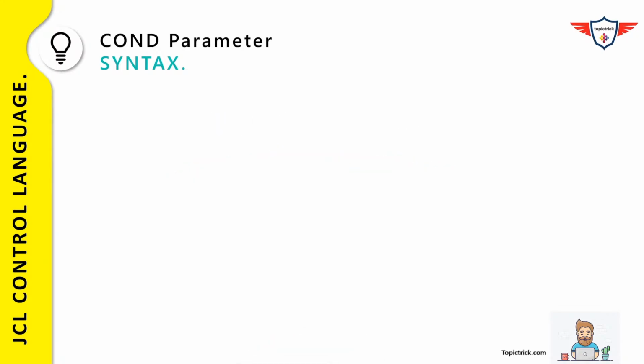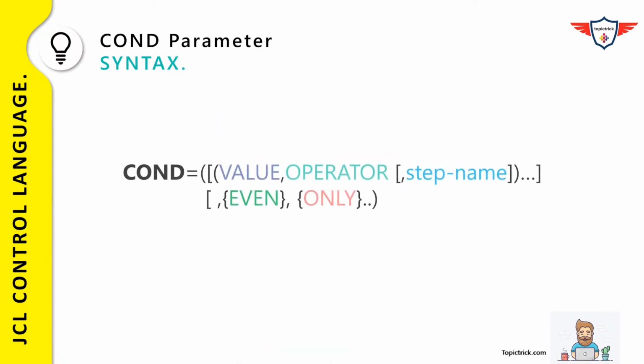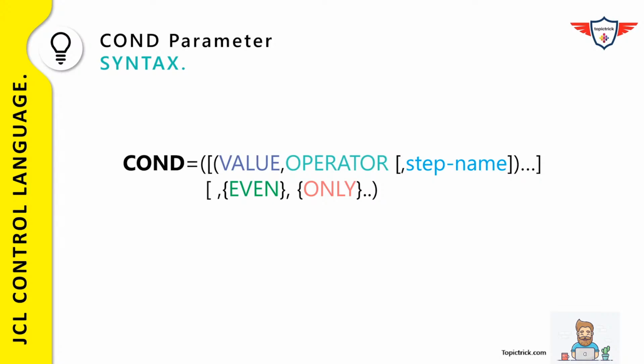Now, as you know, the conditional parameter can be used at job level or at an individual step level, right? So the conditional parameter on the execute statement is more flexible than the conditional parameter on the job statement. And the syntax of the conditional parameter used on the job statement or on the execute statement is almost the same. But with the help of additional subparameters, you have more control over the execution of an individual job step.